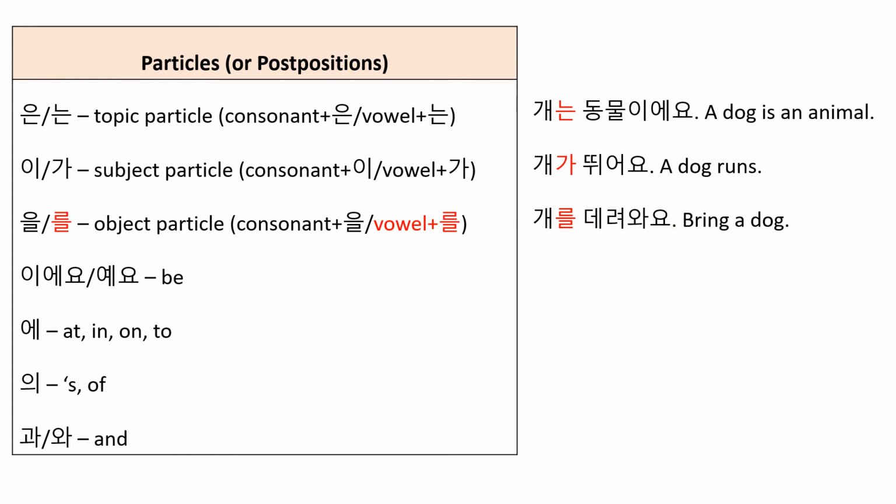Particle 이에요, 예요 means be. It is used as am, are, or is. If you add 예요 to the 개, its grammatical role is a verb.